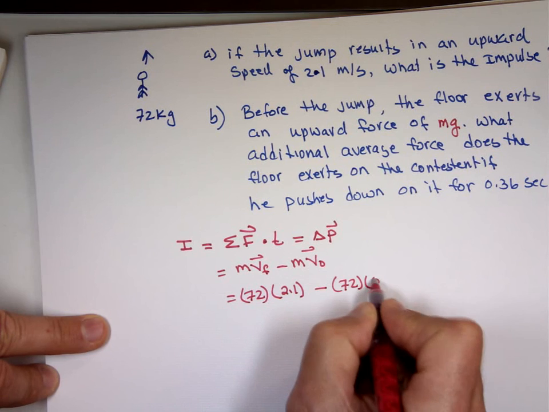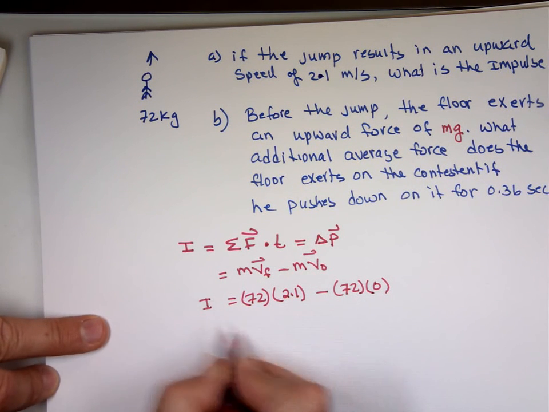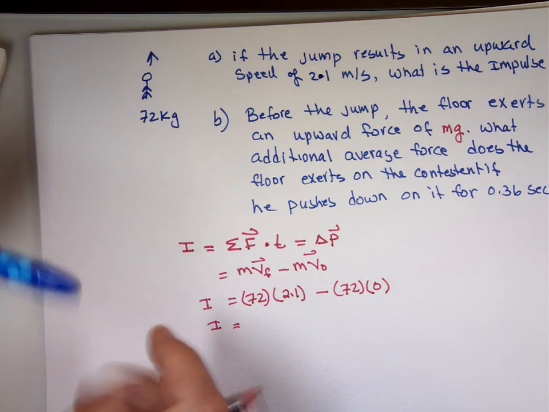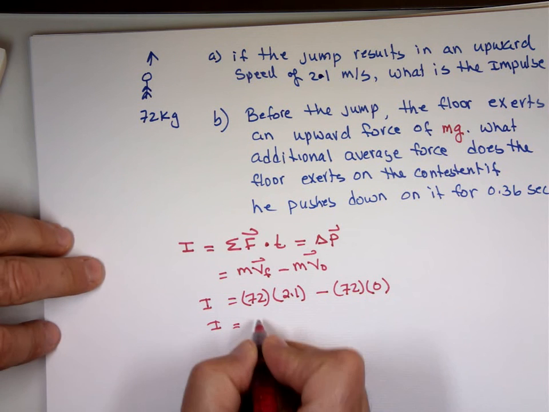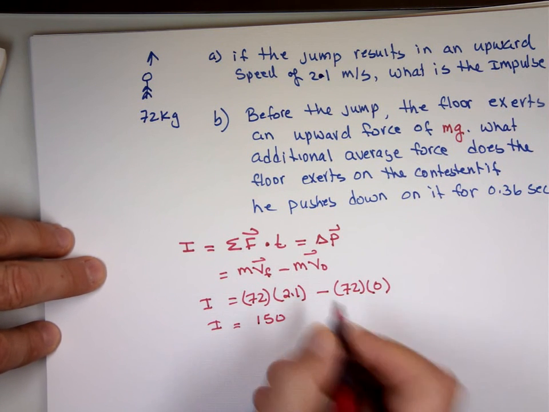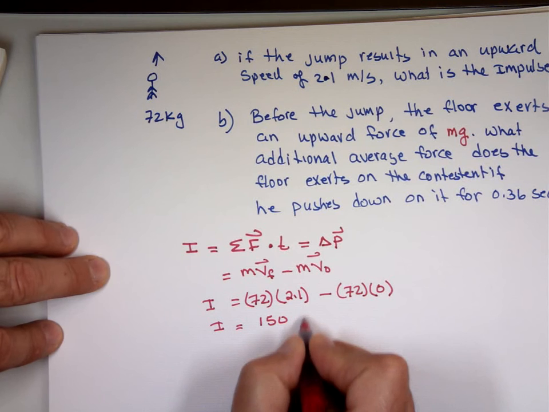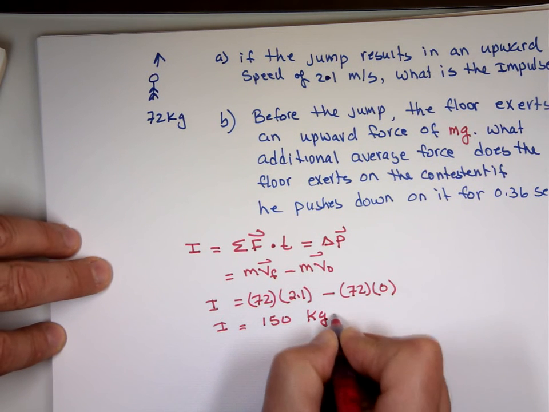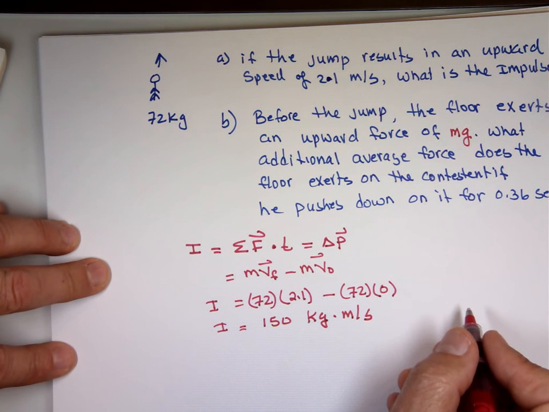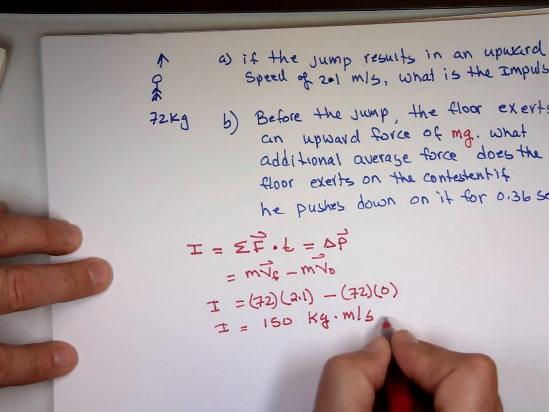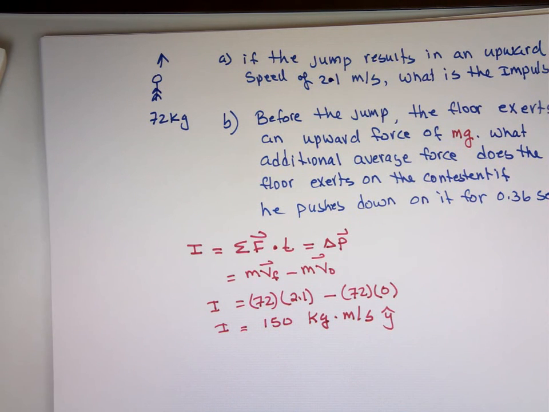That tells me what my impulse is. 72 times 2.1, which is approximately, rounding to the significant digit, 150 kilogram meters per second. And if you want to indicate which direction, it's upward, so in the y direction. I can write up or the y direction. So that's part A.